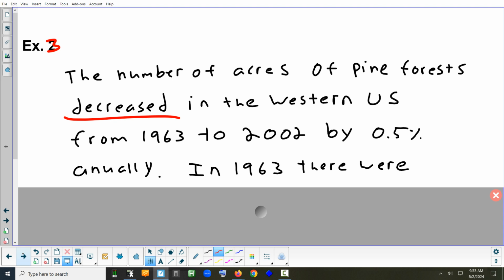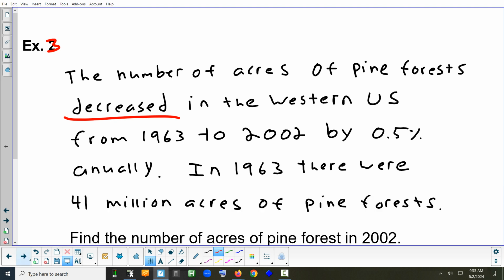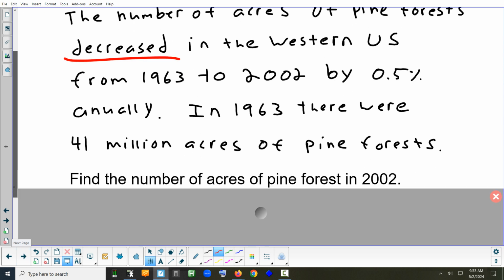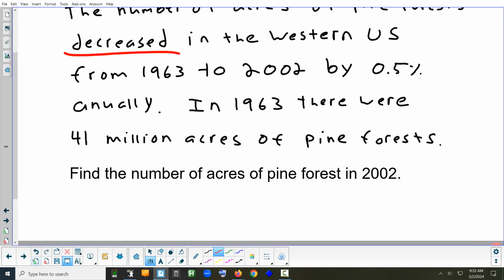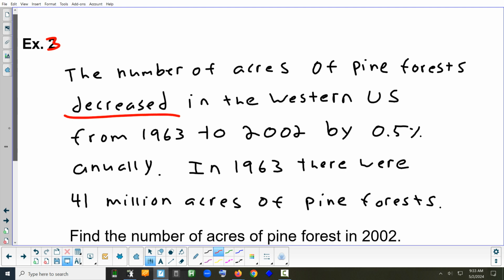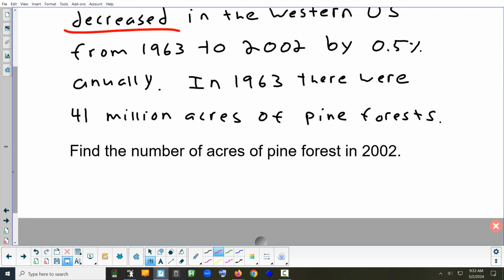Yep. So it says in 1963, there were 41 million acres of pine forests. You have all that written down. Find the number of millions of acres of pine forest in 2002.